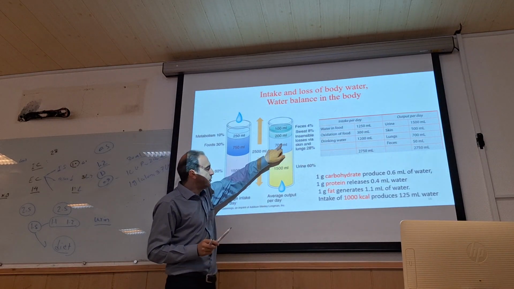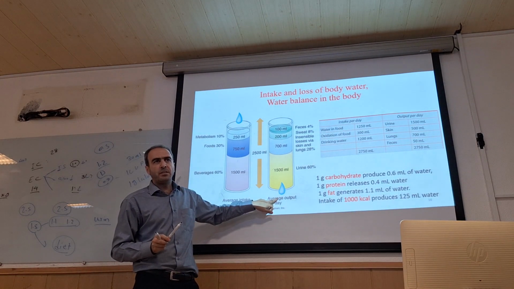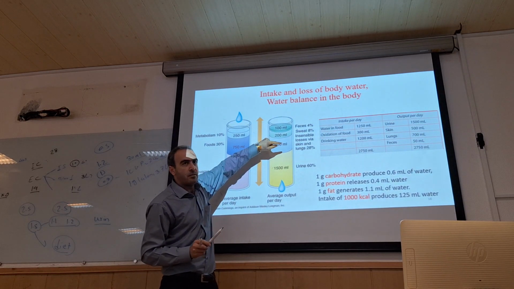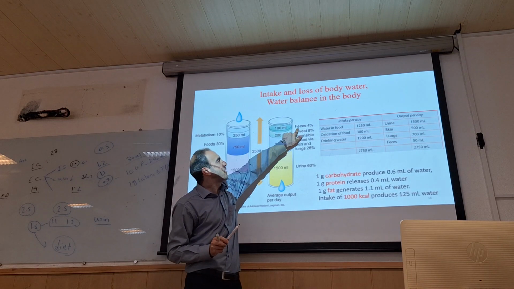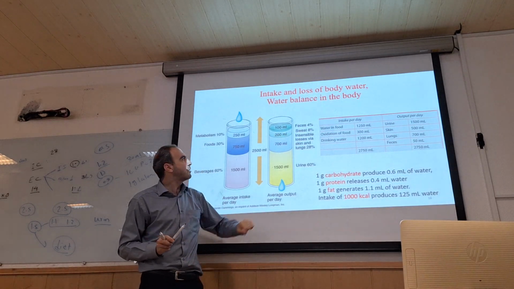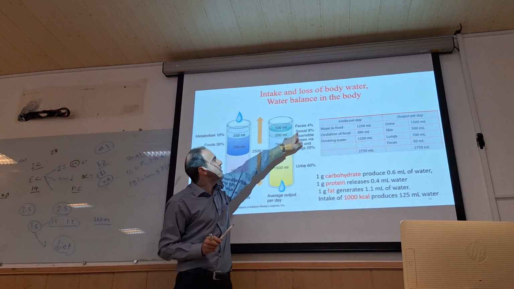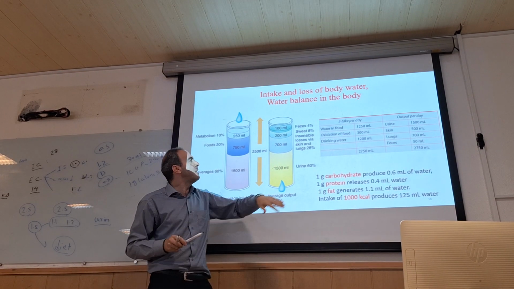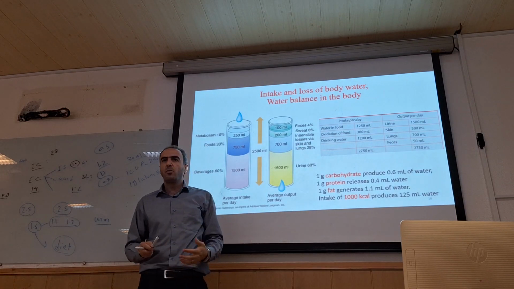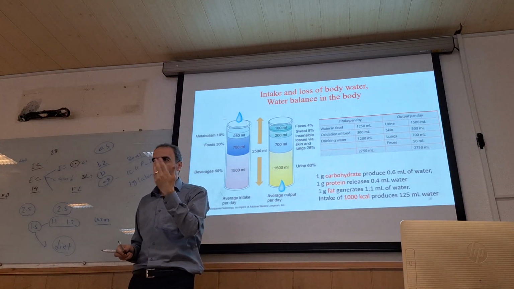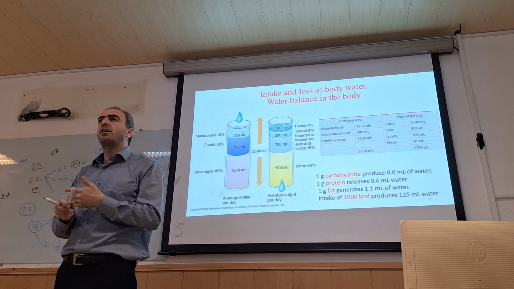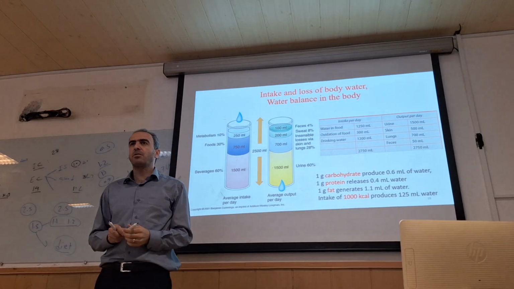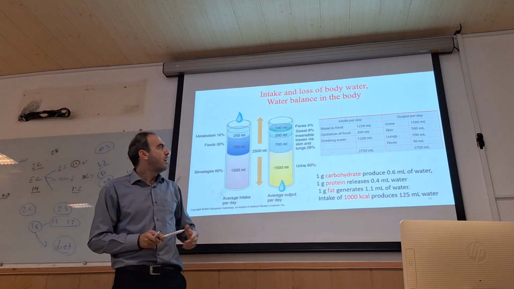Related to water loss, 1.5 liters by urine, but we also lose water by feces, 4%, about 100 milliliters, and by sweat, 200 milliliters, 8%. And we have insensible loss via skin and lung, by breathing and through the skin. We can't feel it. It's about 700 milliliters.